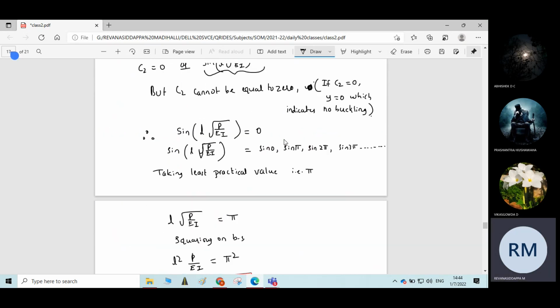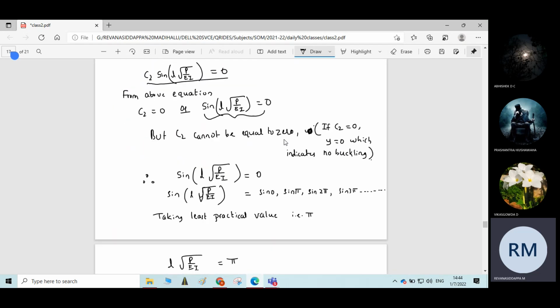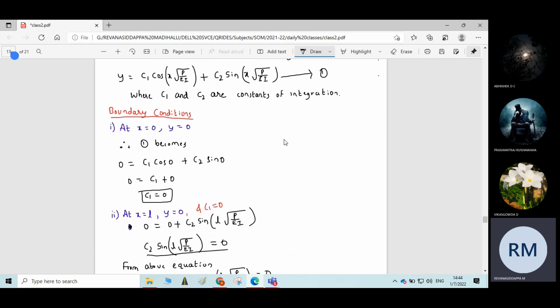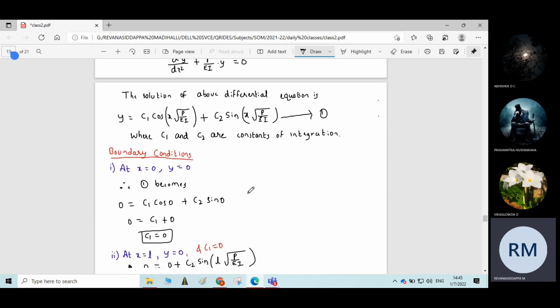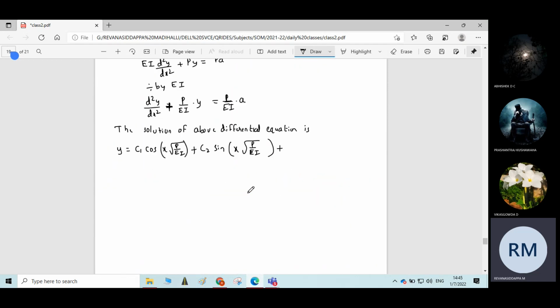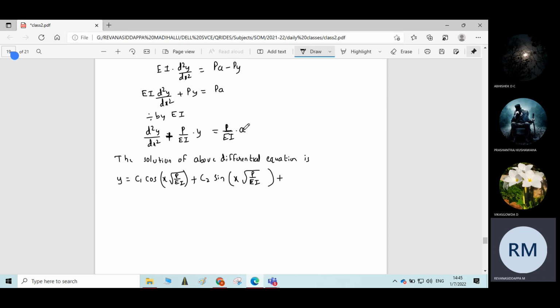See, in the previous equation we did not have any term in the RHS part, it was equal to 0, but here we have some constant. What is the multiplication factor for this P by EI here in the RHS? a is the multiplication constant, that a will come here.